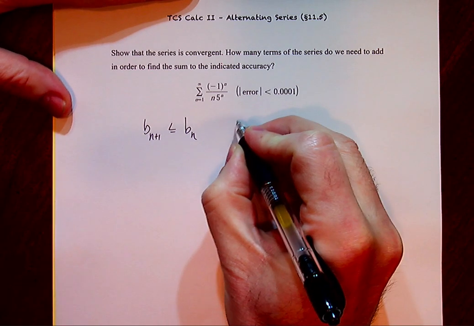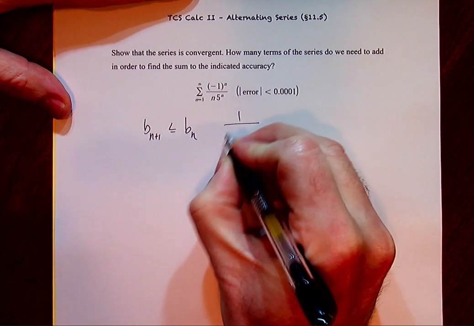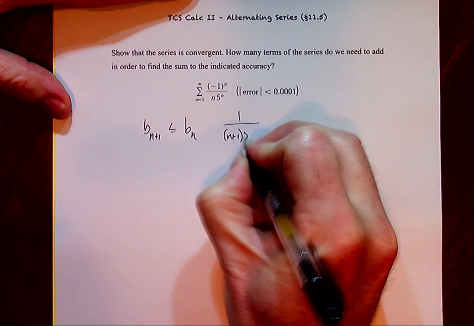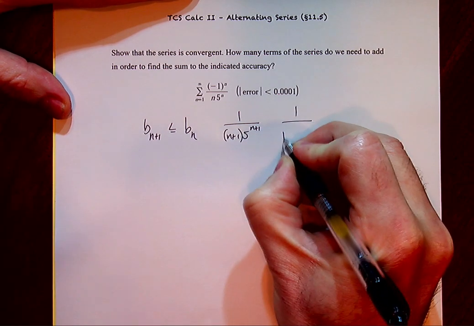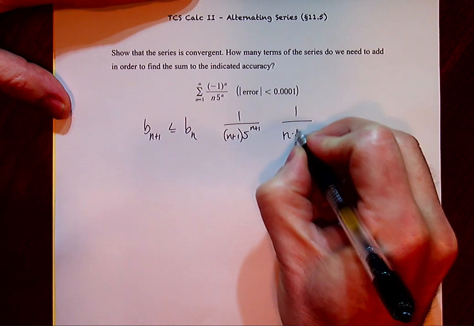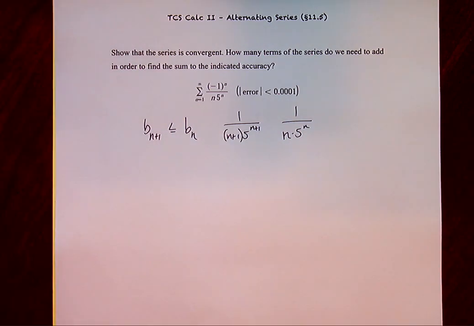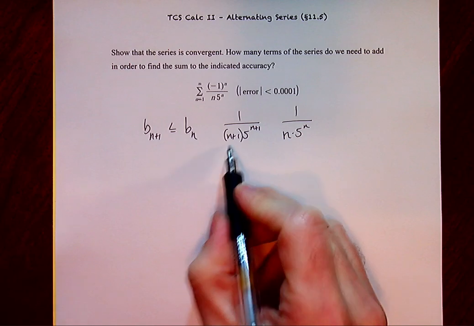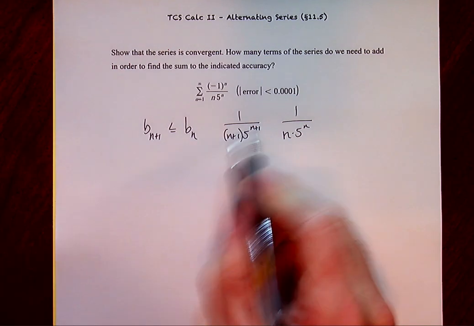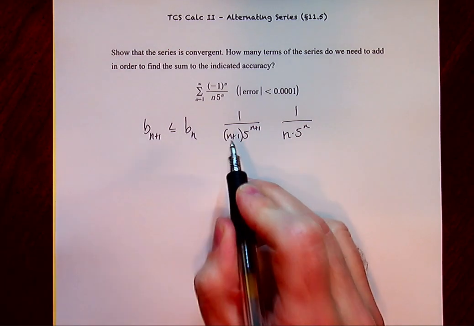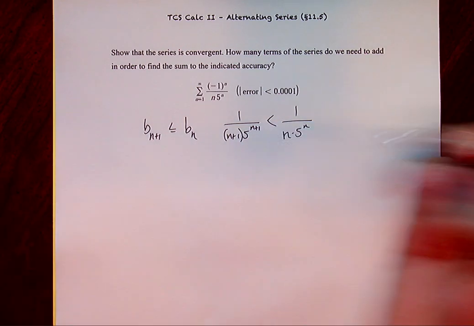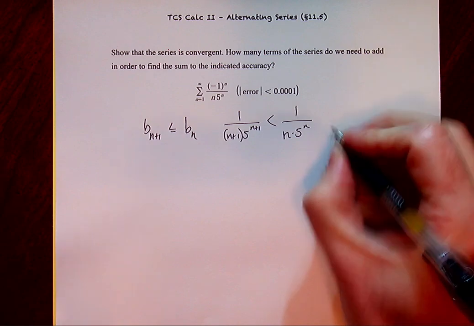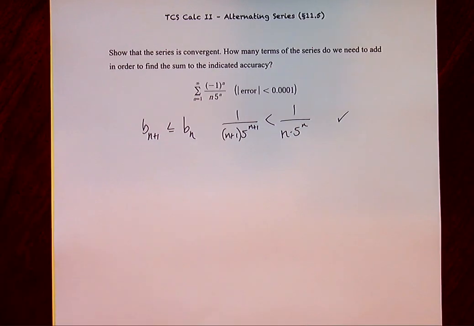Now b sub n plus 1 is 1 over n plus 1 times 5 to the n plus 1, and that I need to relate to 1 over n times 5 to the n. Now, n plus 1, both as a factor and as an exponent, they both make this denominator larger. When you make the denominator larger, you make the quantity smaller, okay? So that first condition is satisfied.